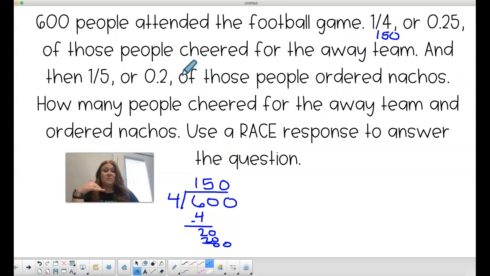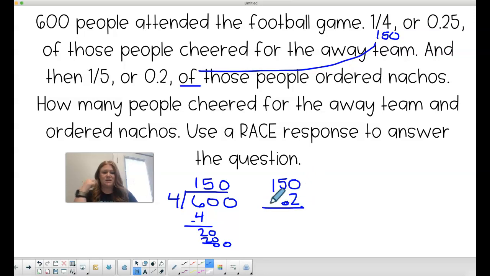Now, of these people, 1/5 of these people, or 0.2 of these people. So I can either divide this by 5 or times it by 0.2, right? Of means multiply. This time I'm going to choose to multiply by 0.2. 2 is pretty easy to multiply by.